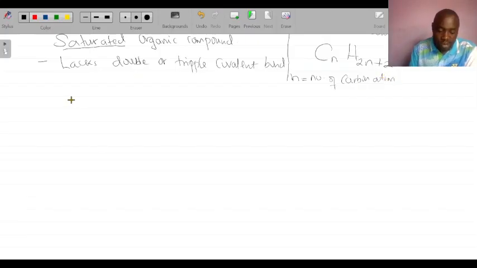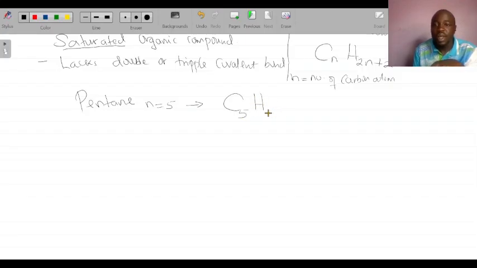So I'm going to start off by looking at pentane. Pentane is the fifth member of the alkane series. So we can substitute in our general formula where n is equal to 5, so that we get pentane as C5H12, that is, 10 plus 2 is 12.